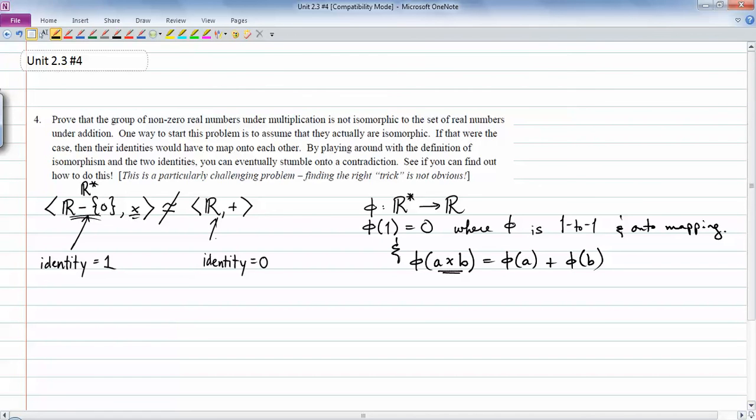Okay, so here's where the tricky part comes in. I'm going to think of this side as phi of 1, but I want to think of it as A times B. There's a couple ways I could write that. I could write that as phi of 1 times 1, where A and B are both 1. Well, that should turn into phi of 1 plus phi of 1.